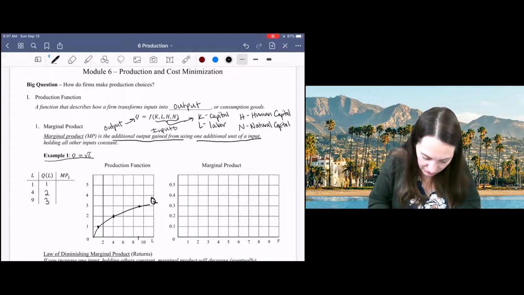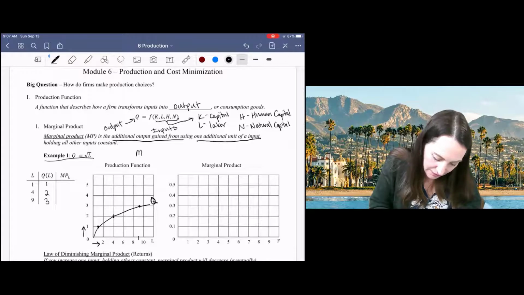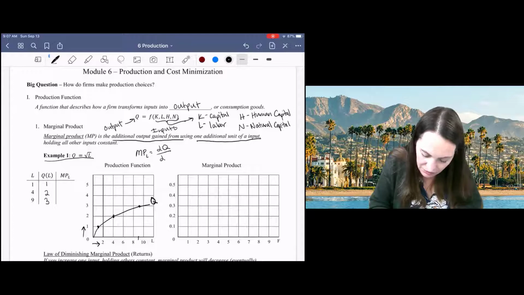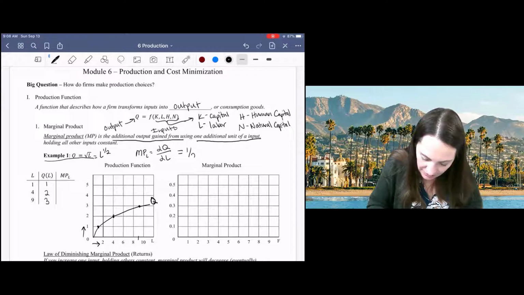As we move over one unit on the x-axis, how much does production increase? To calculate that, we're going to take the derivative of the production function with respect to labor. Remember that this production function could be written as L to the 1/2. And so our marginal product in this case would be 1/2 L to the negative 1/2, or 1 over the square root of L.